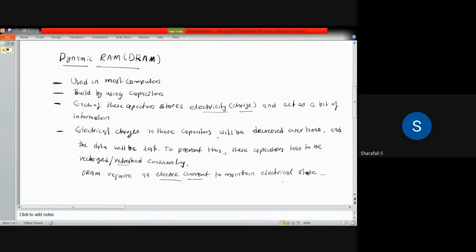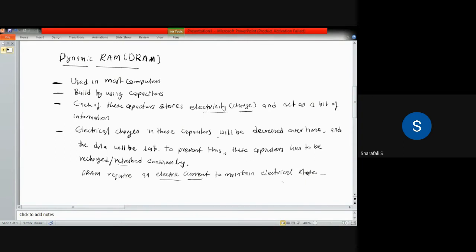That counter, depending on how much the discharging is happening in the capacitors, we have to calculate, and with respect to that we have something like a hold time. With respect to that hold time, we have to recharge or refresh that particular capacitor.